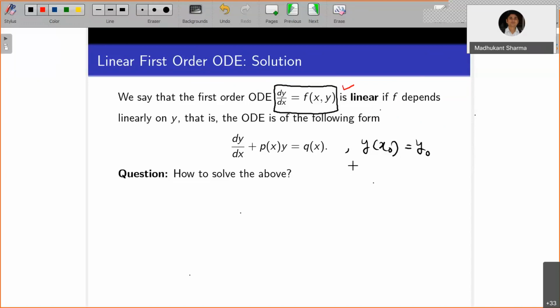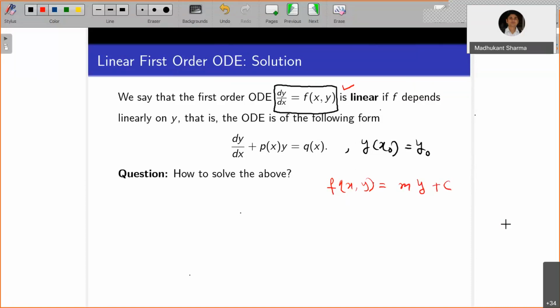Now, the very first equation, which you may already be familiar with, is called the linear differential equation of first order. If the right hand side, this f of x comma y, is linear in y, that means you can write it as something like m y plus c.